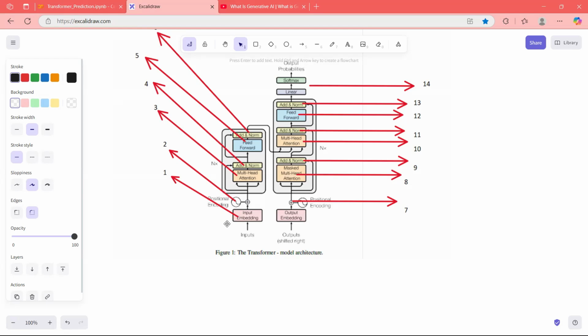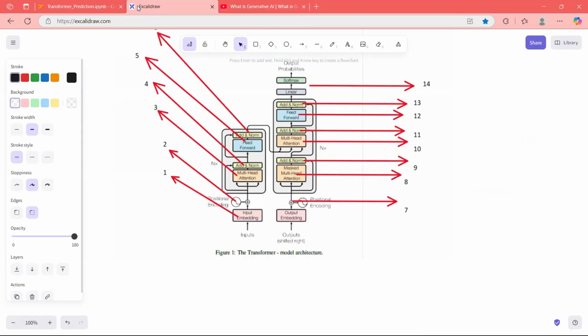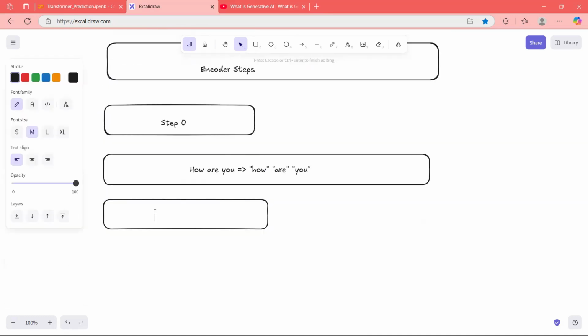Somebody who has watched my previous videos on residual connection and positional encoding will be able to correlate easily. What is happening here? Embeddings will come, positional encoding will get added to the embedding. That's it. Step 1 and step 2. So I will write here step 1 and step 2.